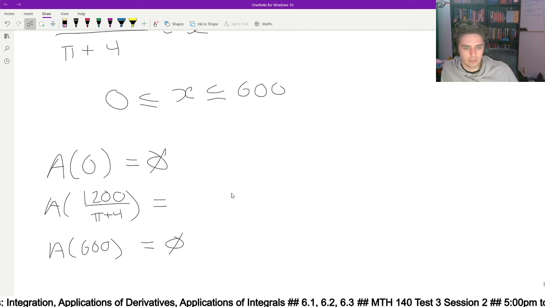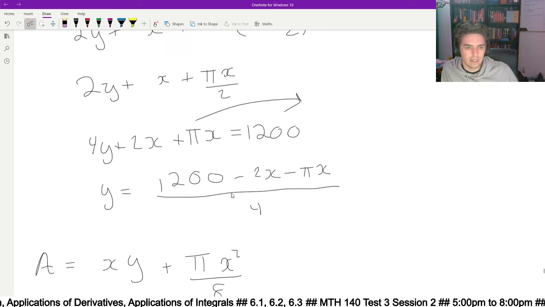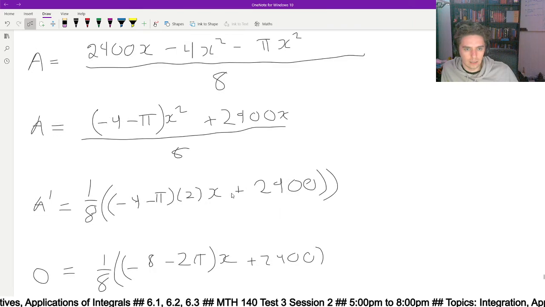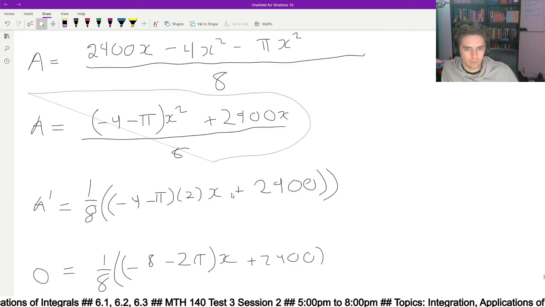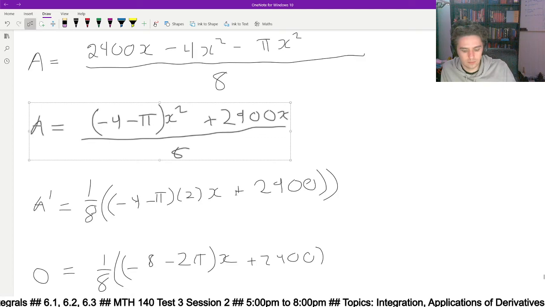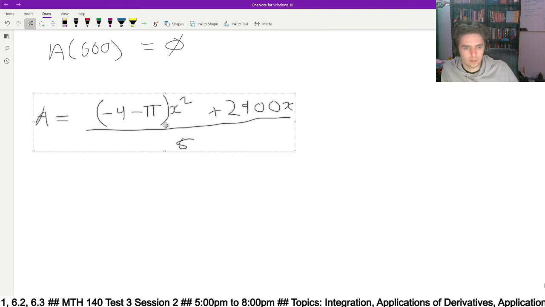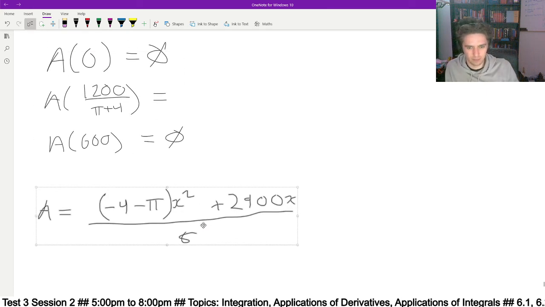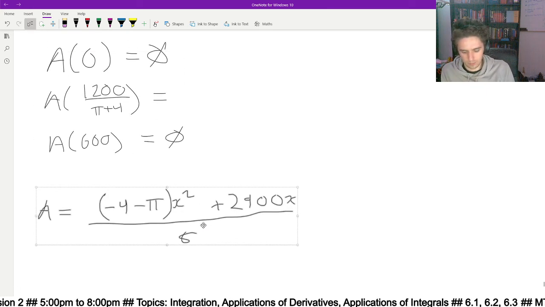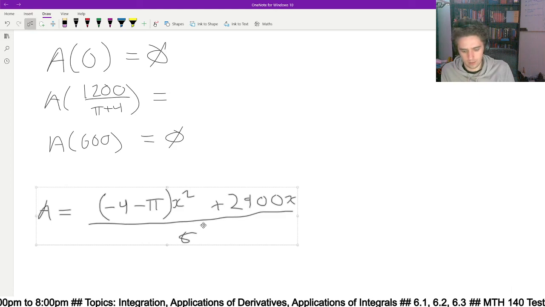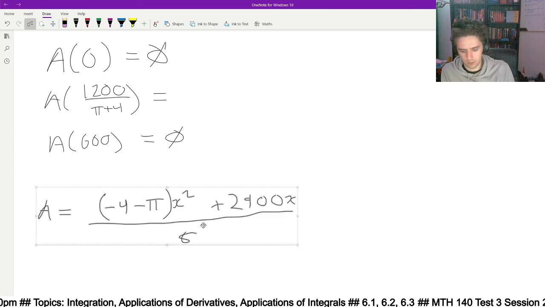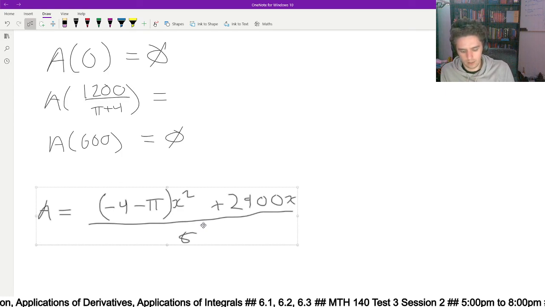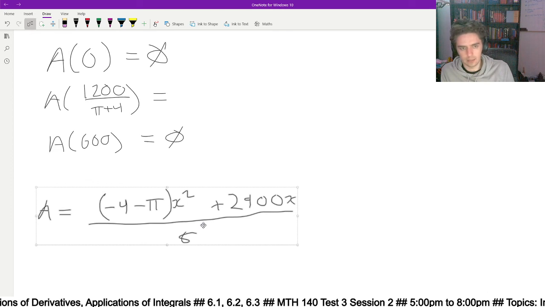Great. Now let's check the area for this. If the x value is that, then the area would be, I'll take this form. I'm just going to plug it in. I'm not going to even bother with it. So bracket times bracket squared plus 2400 bracket over 8, so minus 4 minus pi times that thing.